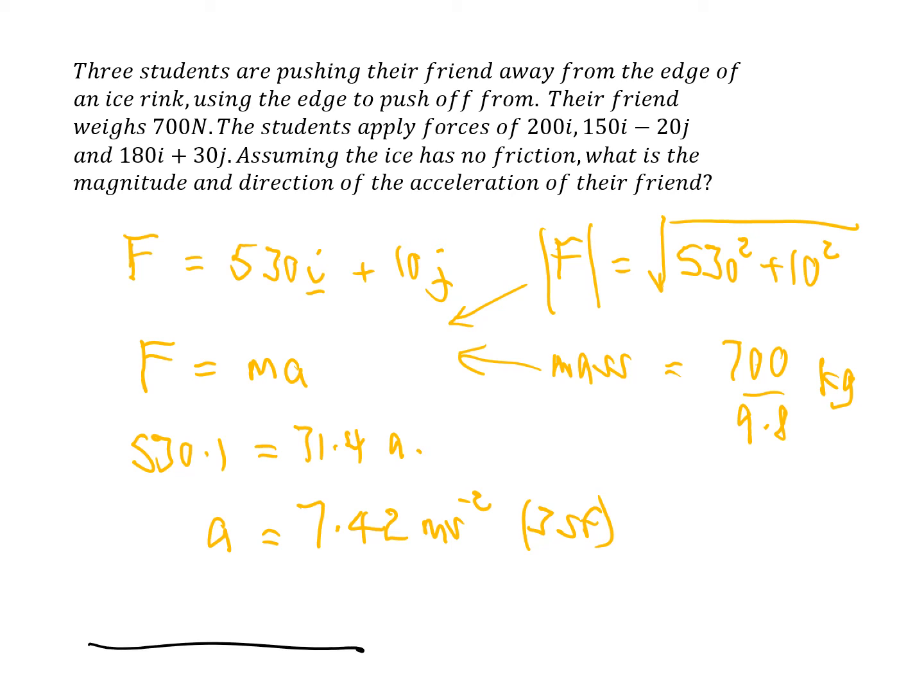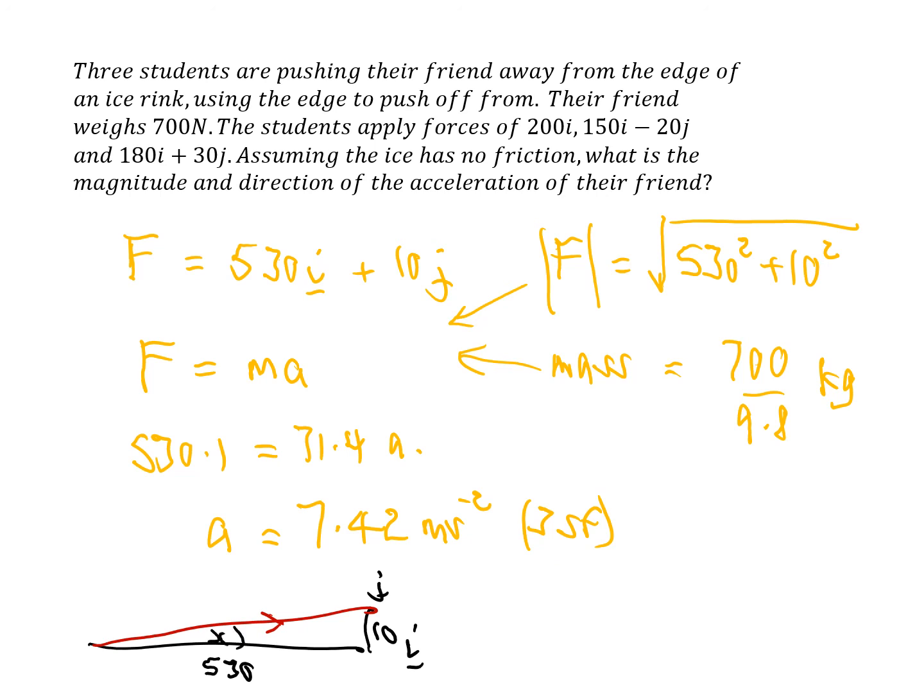It goes 530 in the i direction, and 10 in the j direction. So the resultant force is in that direction there. What I need to do is calculate this value here, x.